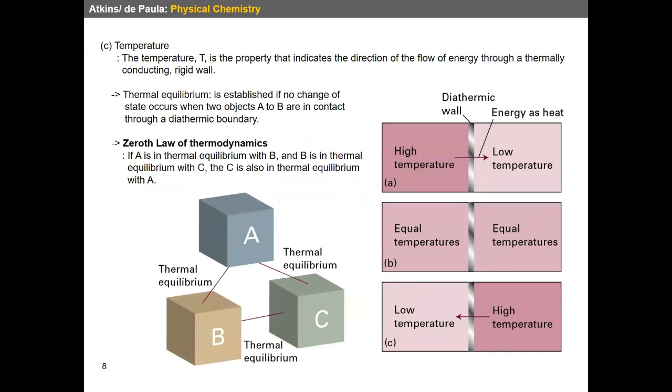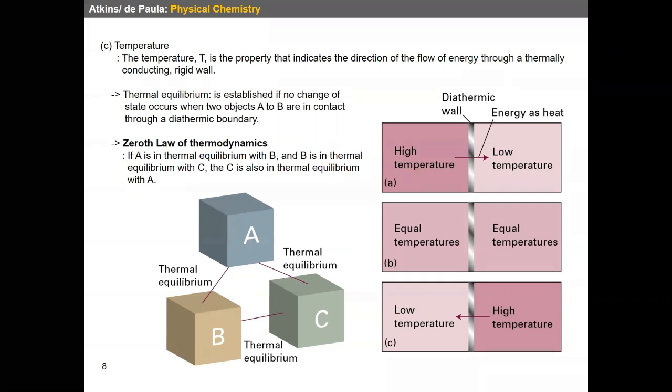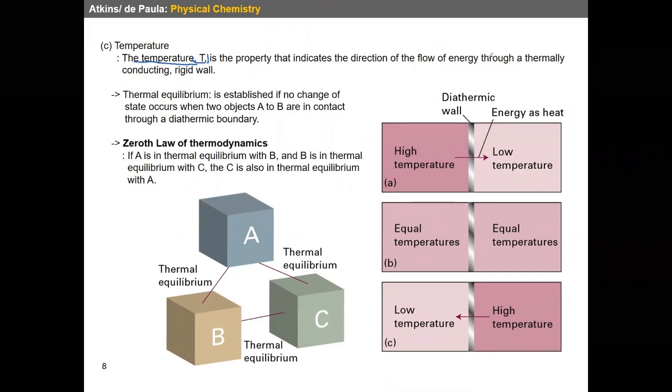So actually, the temperature T is the property that indicates the direction of the flow of energy through a semiconducting or rigid wall.